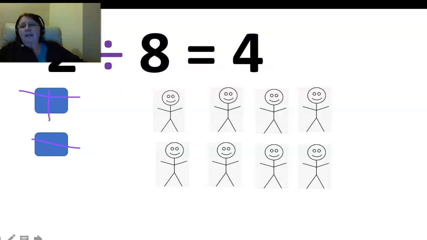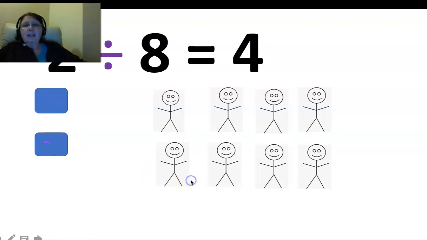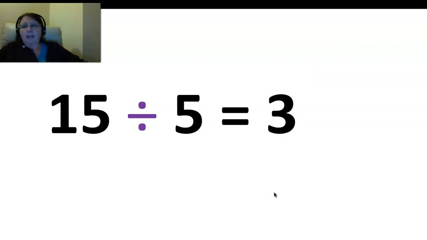And maybe they could get 1 each, and that means I'd have to split them up again. But that's another math story to do with fractions. Okay, the answer for this is false. You can't take 2 things, share it equally amongst 8 people, and everybody gets 4 things.